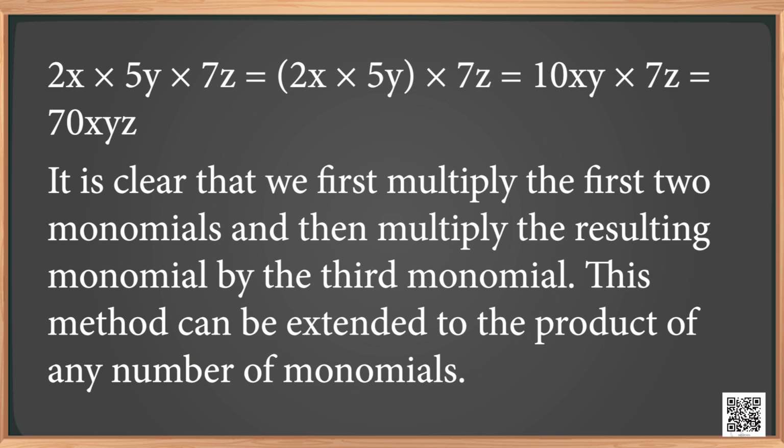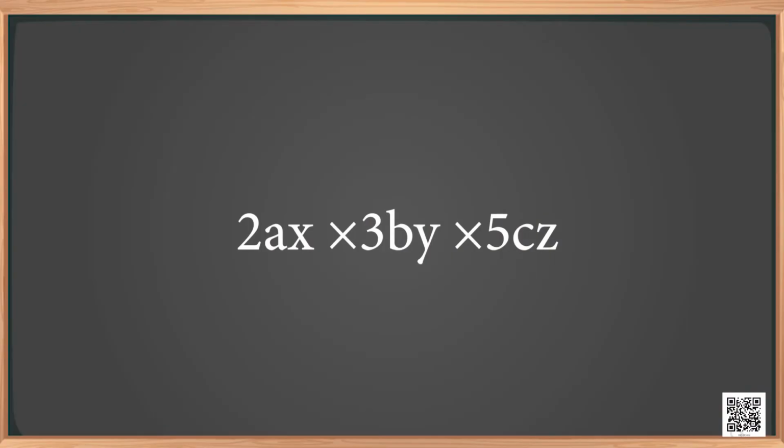It is clear that we first multiply the first two monomials and then multiply the resulting monomial by the third monomial. This method can be extended to the product of any number of monomials. Now, try yourself: 2ax into 3by into 5cz.